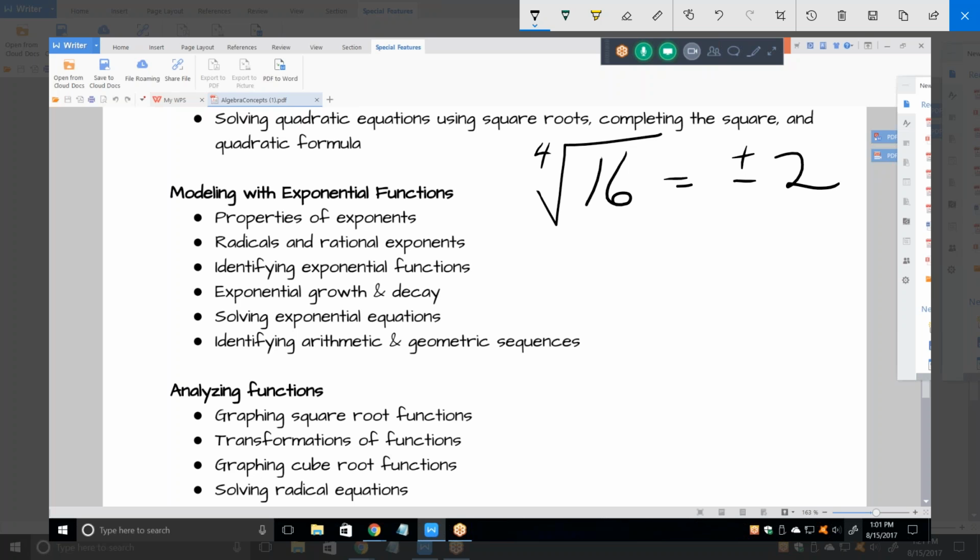If I take minus 2, multiply it by itself 4 times, I get plus 16. So when you take even roots, your answer always begins with plus or minus. When you take odd roots, it's either plus or minus, but not both.